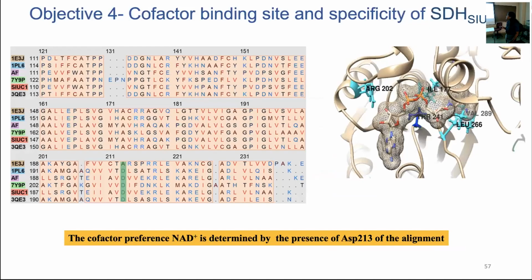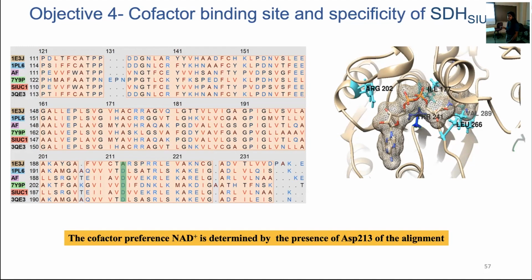And then we needed to find out the cofactor binding site of the enzyme. We also needed to confirm that this enzyme requires NAD+, but not NADP+. That fact is determined by the presence of aspartate or alanine in its active site vicinity. Here we have 1E3J, the ketose reductase from silverleaf whitefly, which needs NAD+ as a cofactor.